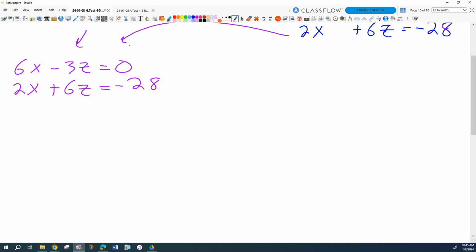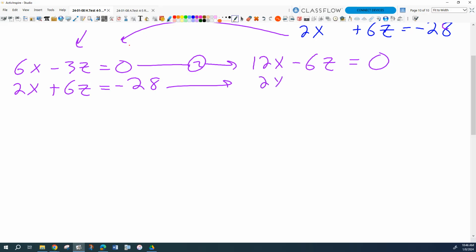If I want to cross the z's out, I could multiply by 2 and leave that one alone. So that's going to give me 12x minus 6z equals 0, and 2x plus 6z equals 28. Add those up. The z's cancel.